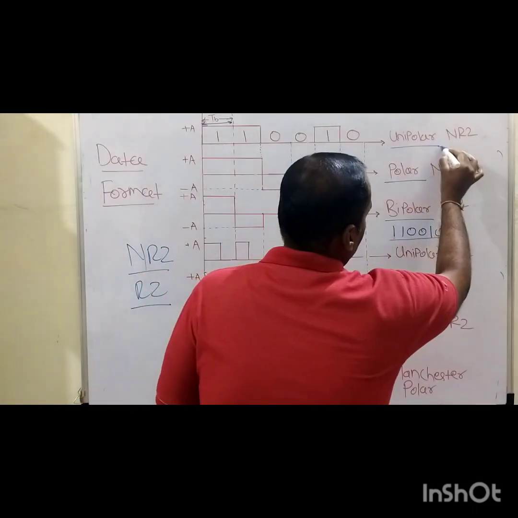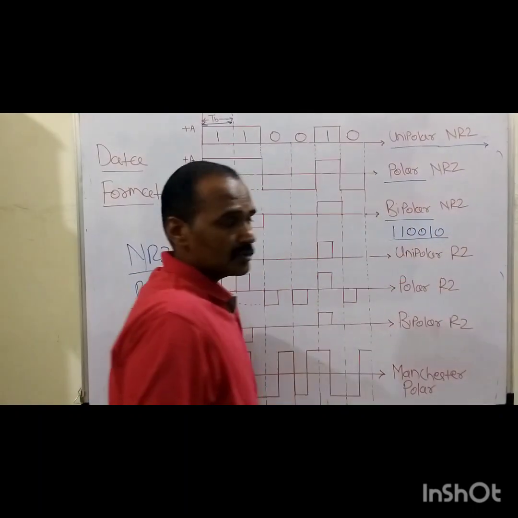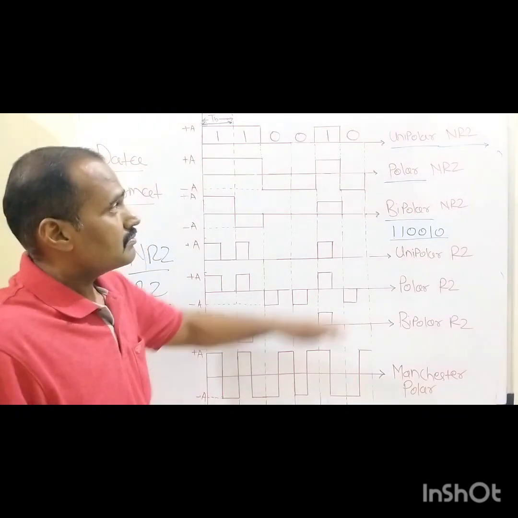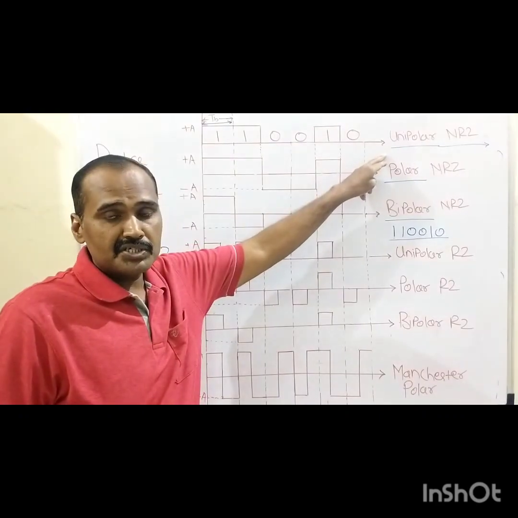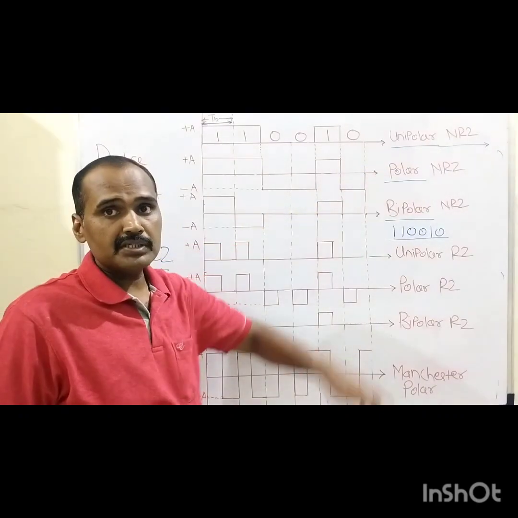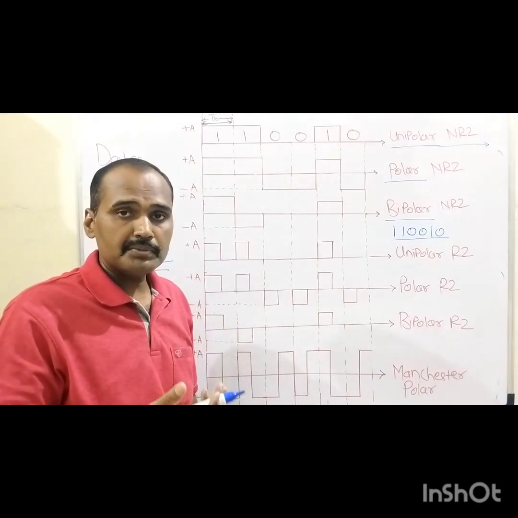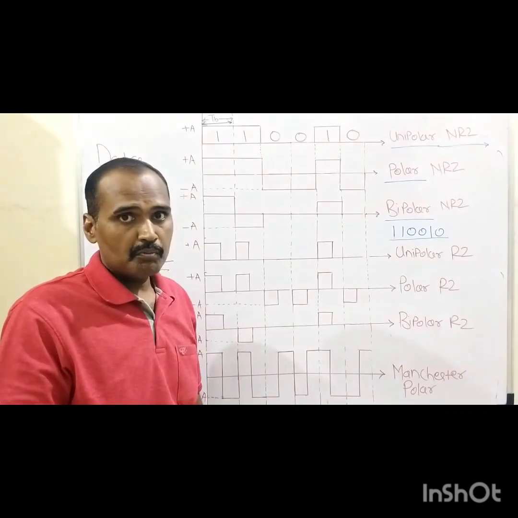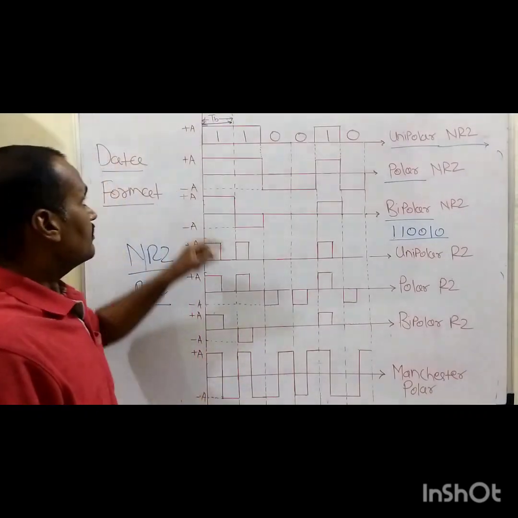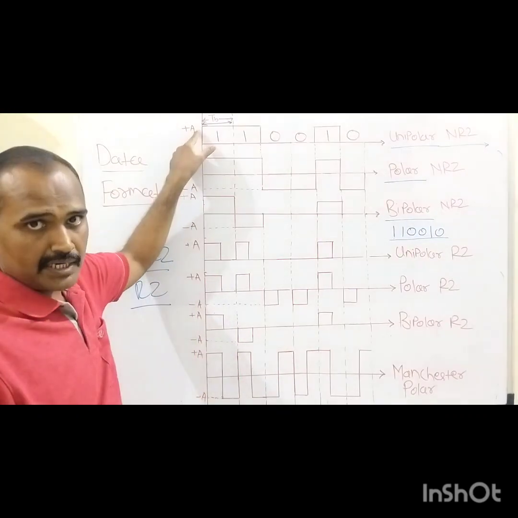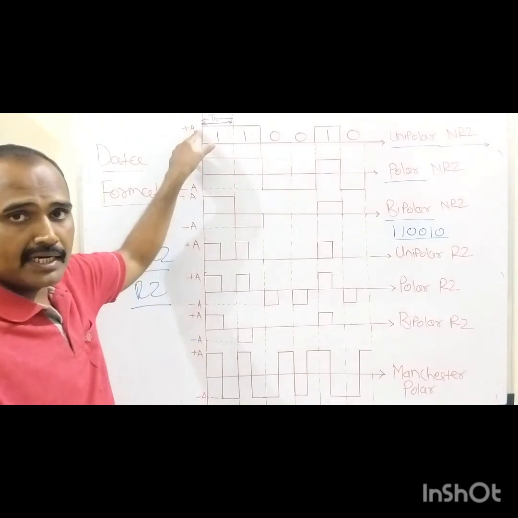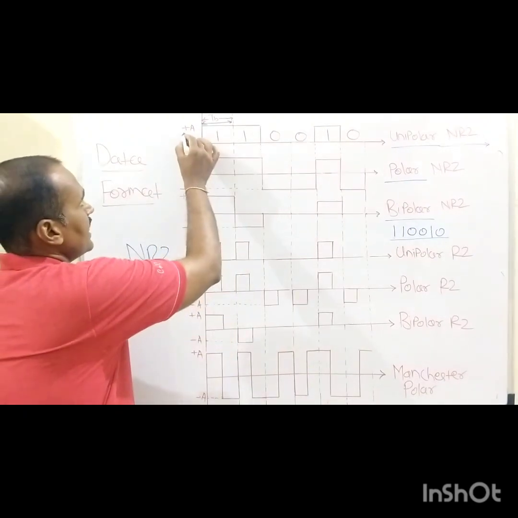As I told you earlier, NRZ stands for non-return to zero. To represent this digital symbol sequence in unipolar non-return to zero form, unipolar means we have only one polarity, that is, only one voltage level, which for convenience is denoted by plus A volt.